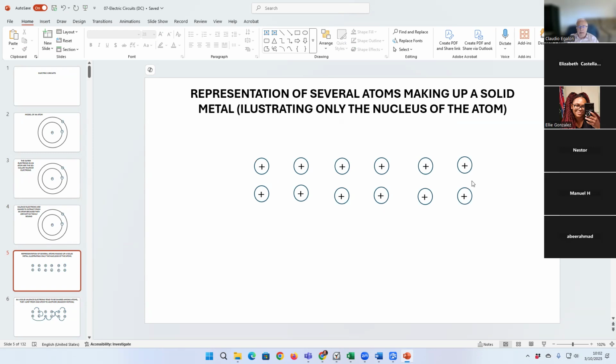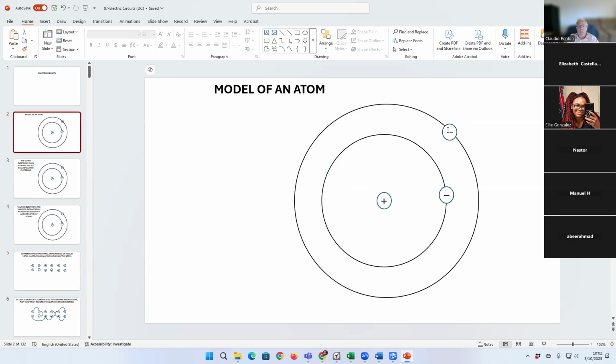They're put together and they're very orderly. In the case of an isolated atom, this electron is not easily extracted from the atom.